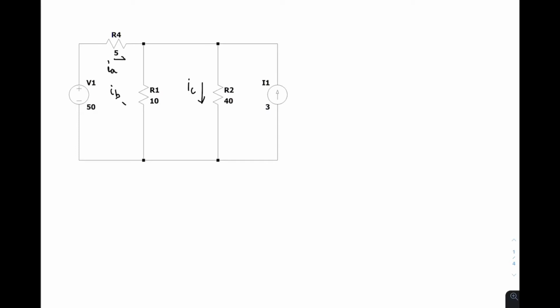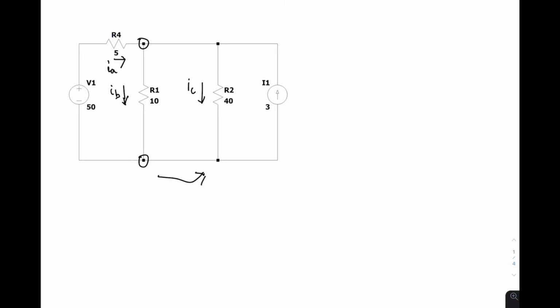We're going to have a few currents drawn in. First, we're going to start off by identifying our essential nodes. We know that we have one node here, and we know that this node is going to be the same as the other node, just like we did before. And then we know we have another essential node right here, and we know this is the same as this node, just like we did before.